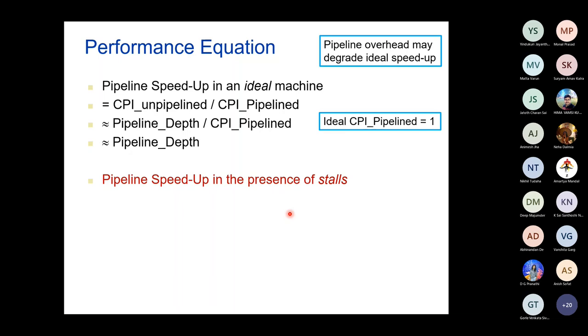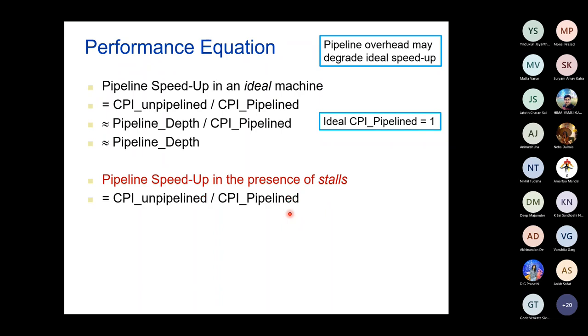Several stalls for data hazards, stalls for control hazards, and so on. Total number of stalls, something. But we are going to compute in terms of the average number of stalls per instruction.